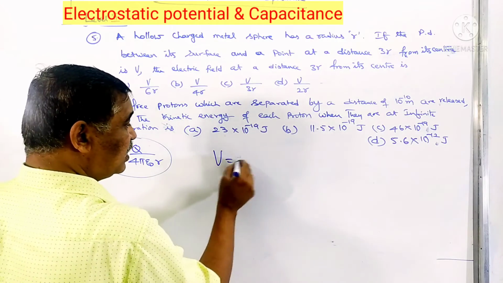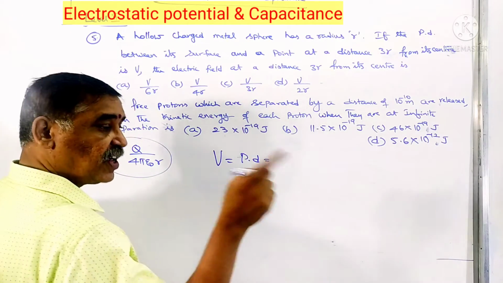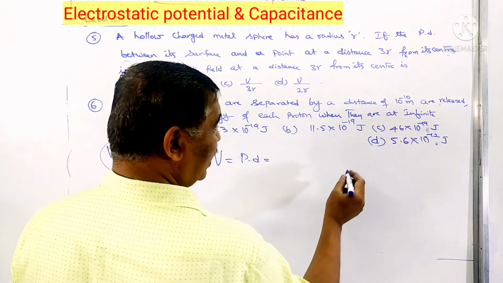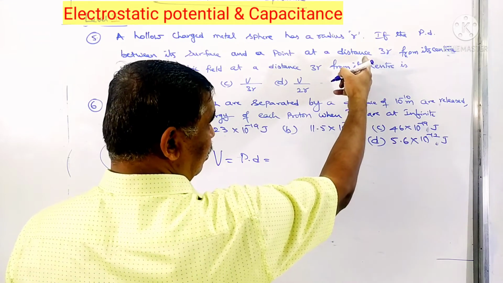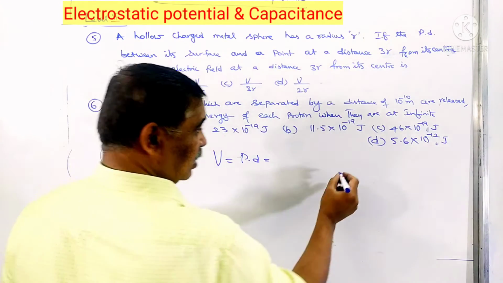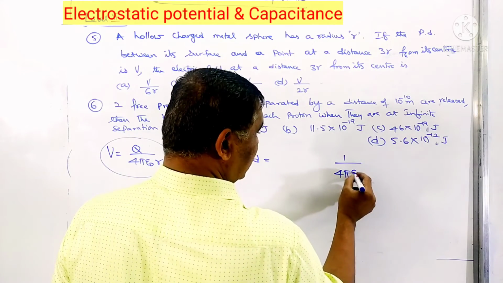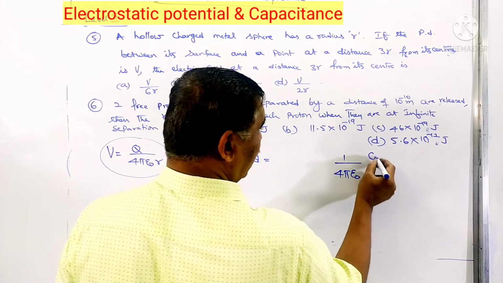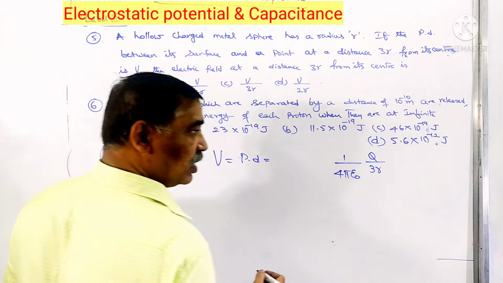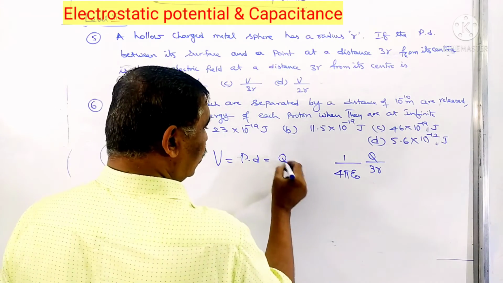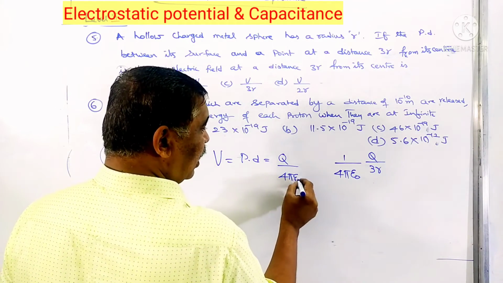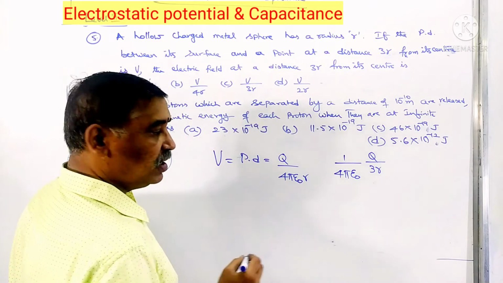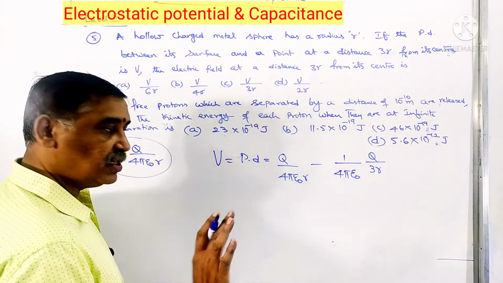So V is nothing but the potential difference. The potential at a point distance 3r is 1 by 4 pi epsilon naught Q divided by 3r. Potential on the surface is Q by 4 pi epsilon naught r. This difference is taken as V.